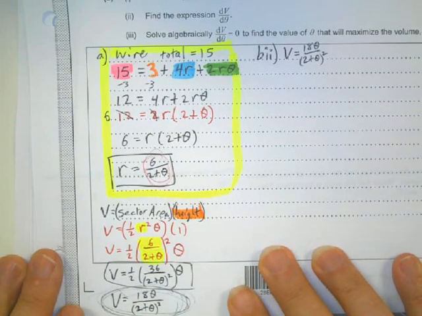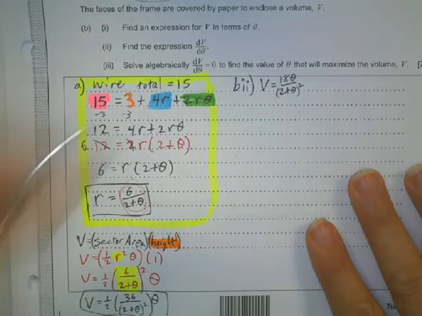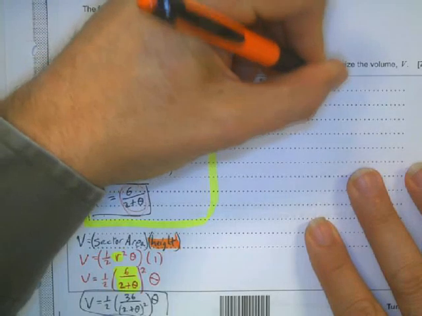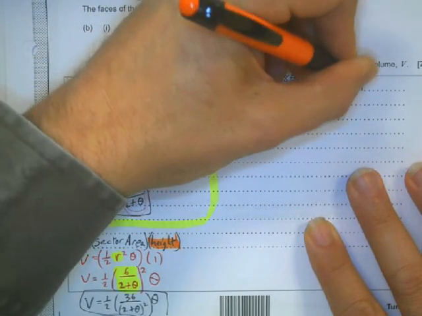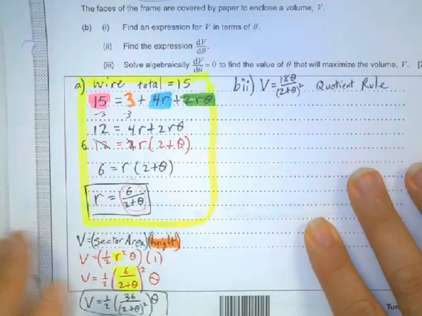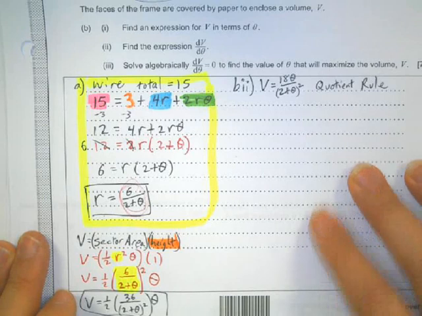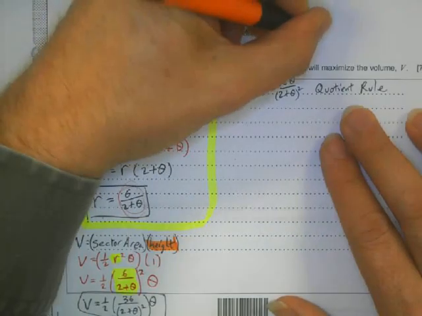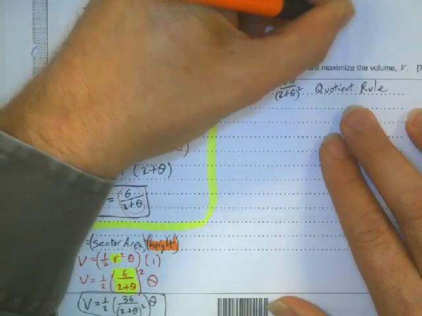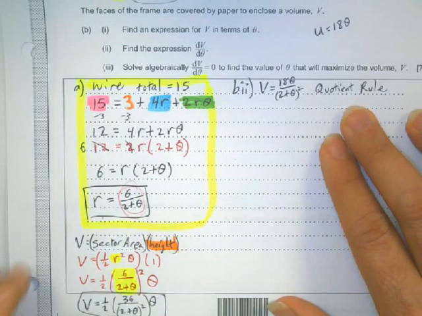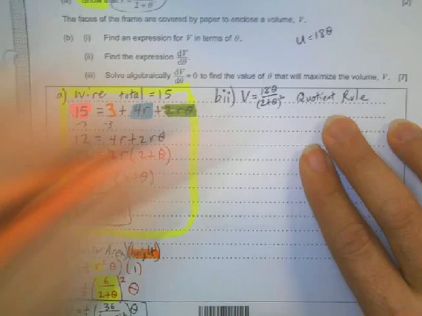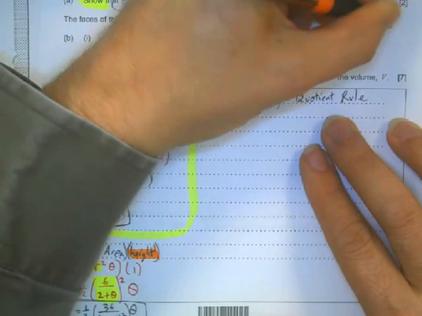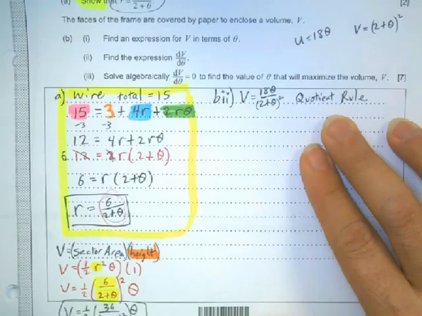All right. So we're going to use the quotient rule. Okay. And so to do the quotient rule, I'm going to let U equal 18 theta. I'm going to make V equal to 2 plus theta parentheses squared.